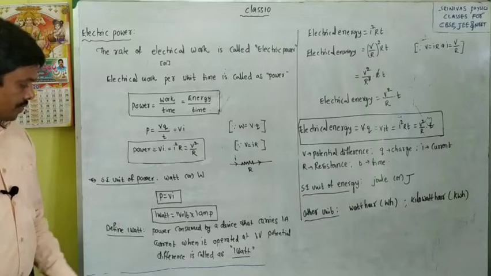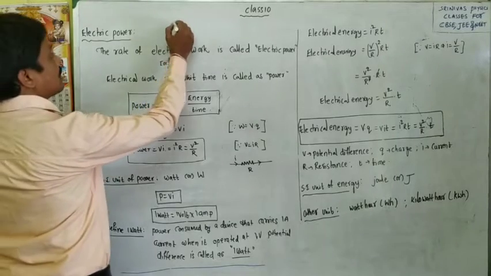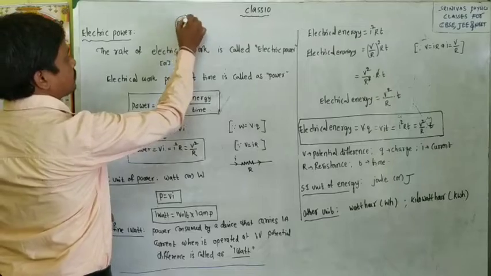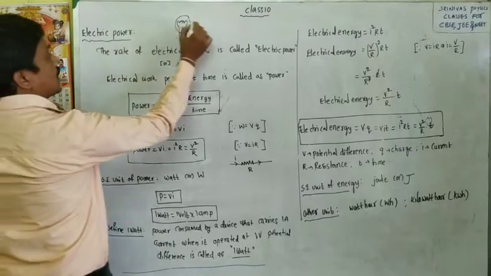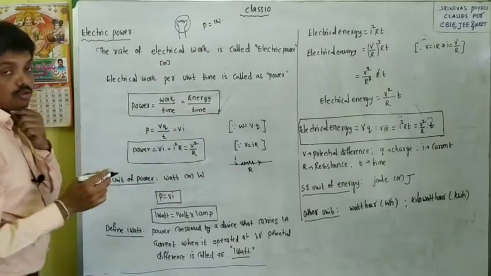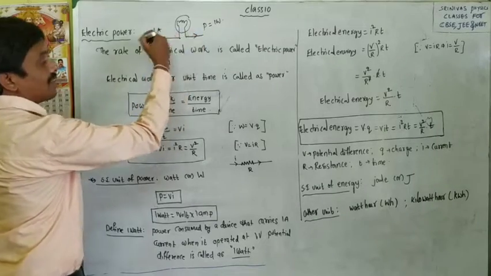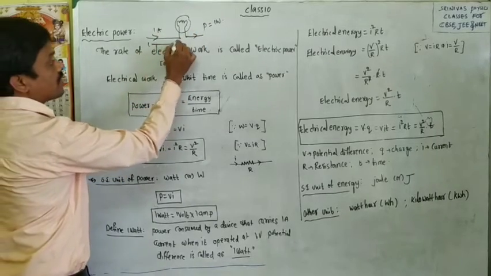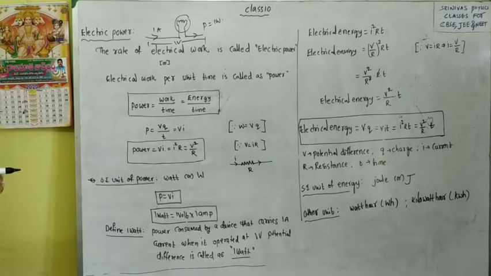For example, here we have a bulb. Okay, we have a bulb. Now it consumes some power, right? For example, when will it consume 1 watt power? If for example we are sending 1 ampere current through it, through a potential difference of 1 volt, then power consumed by it is 1 watt.